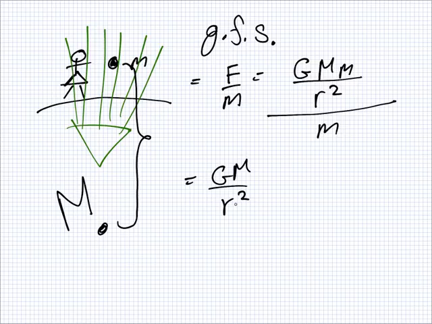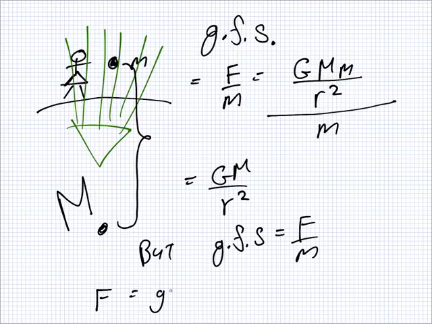But there's another way you could have said it. You could have said gravity field strength equals F over M. So that means F equals gravity field strength multiplied by M, if I just bring the M up here.